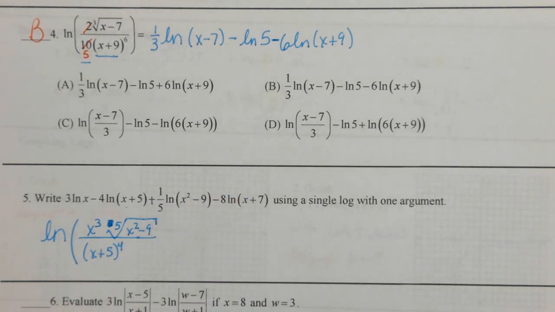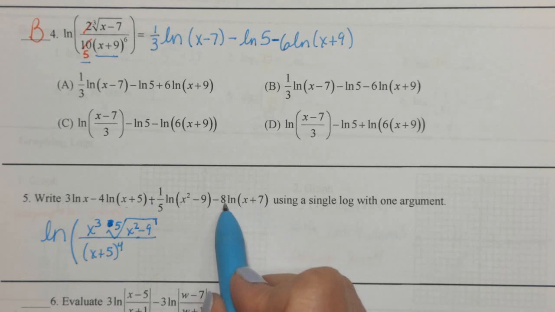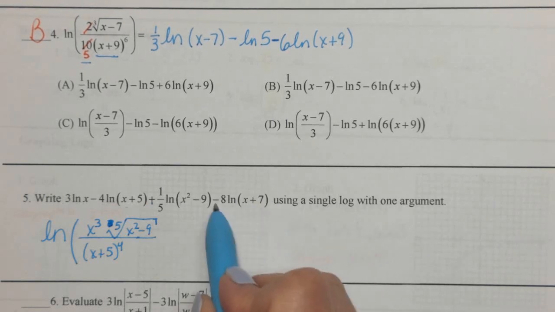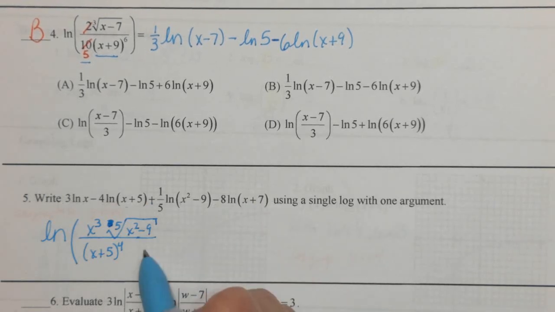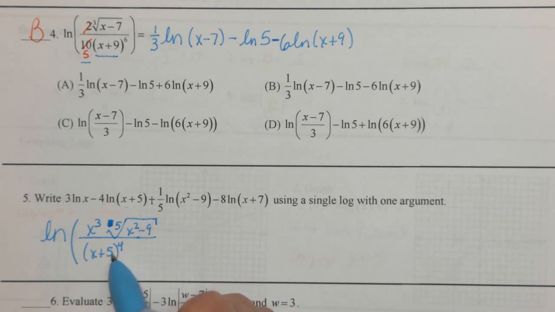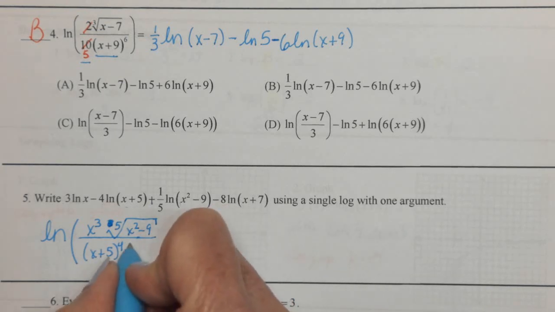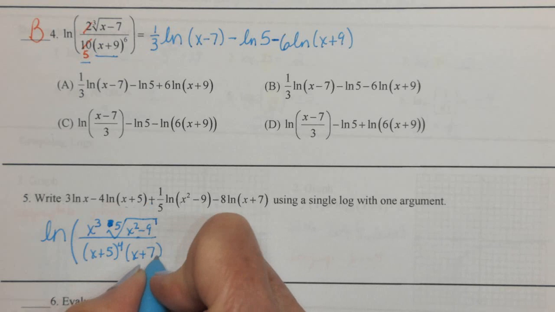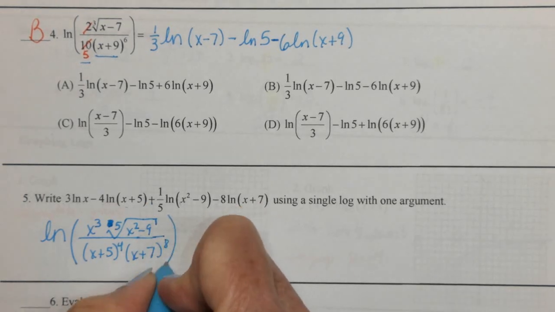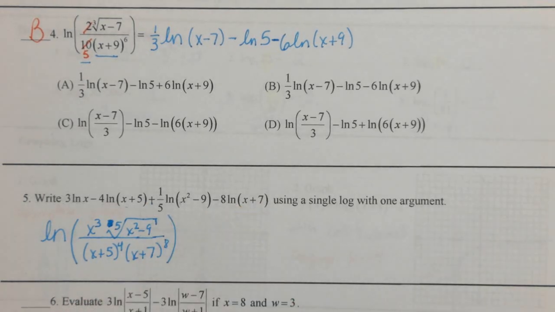Okay. Last piece, the x plus 7 has a power of 8. It has a negative with it, so it goes in the denominator with the x plus 5 to the 4th. So x plus 7 to the 8. And that is a single log with one argument.